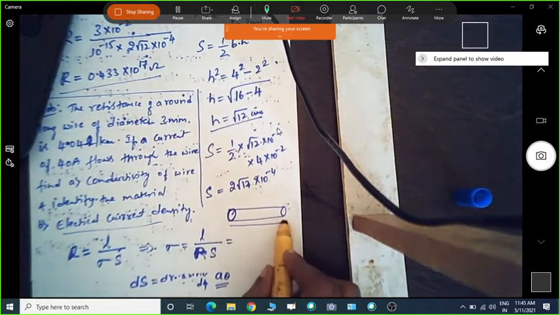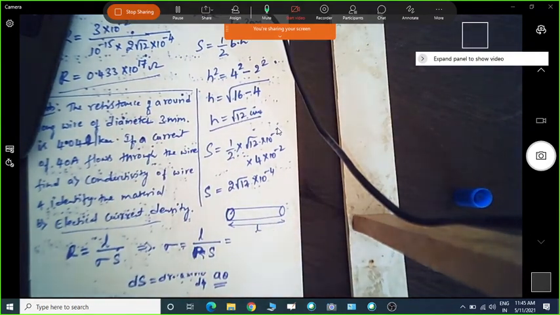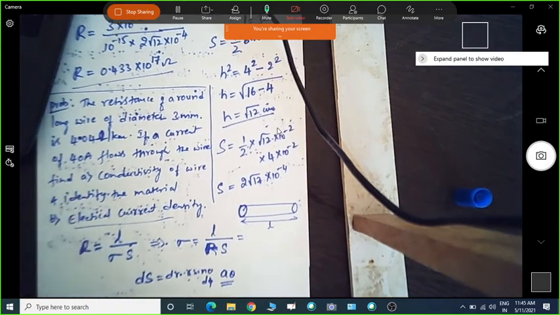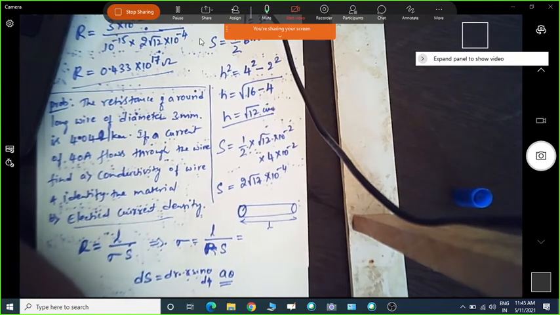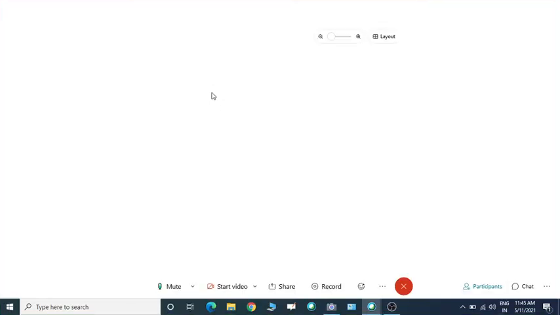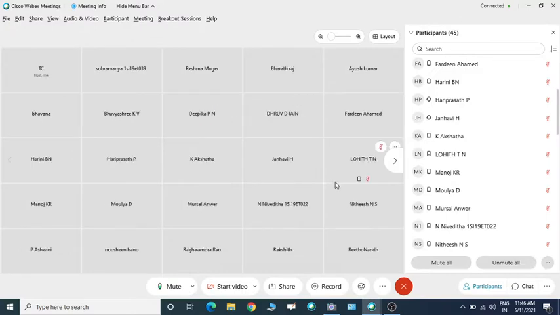So now the length, how can we find it? Can anybody tell? Hello? Hello, can anybody tell how we can find the length of the wire?